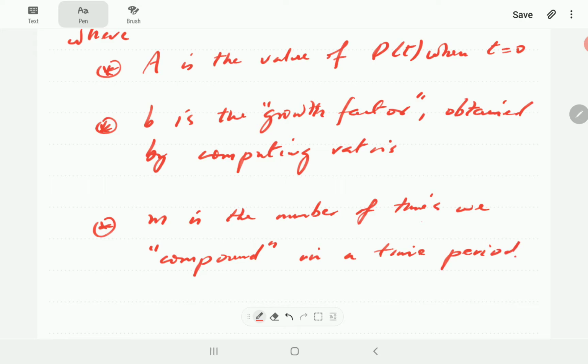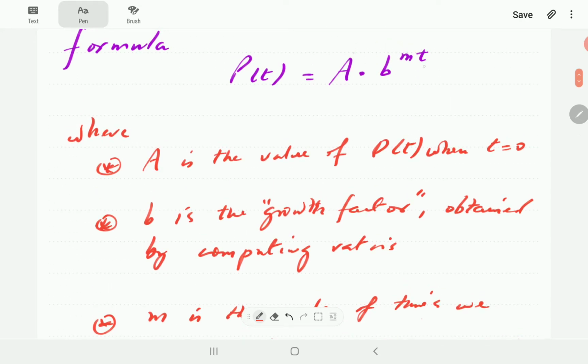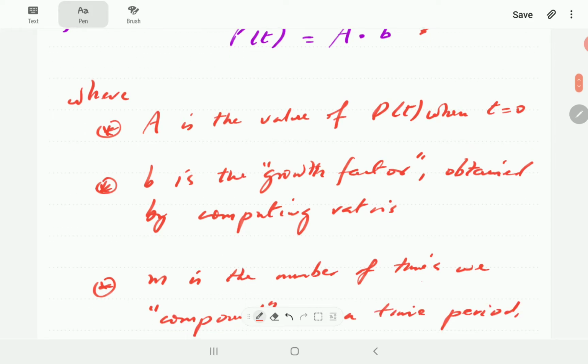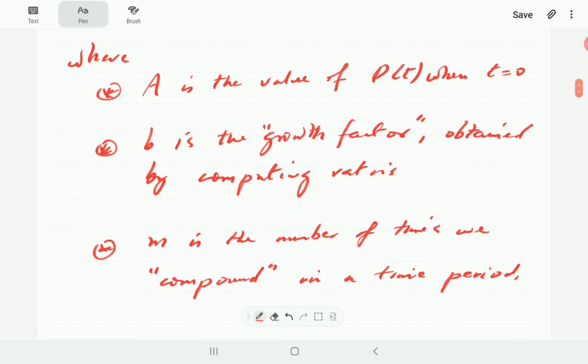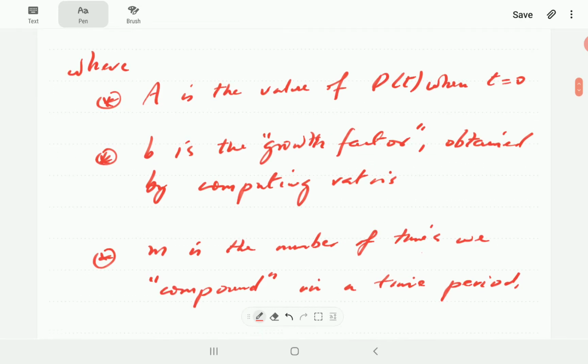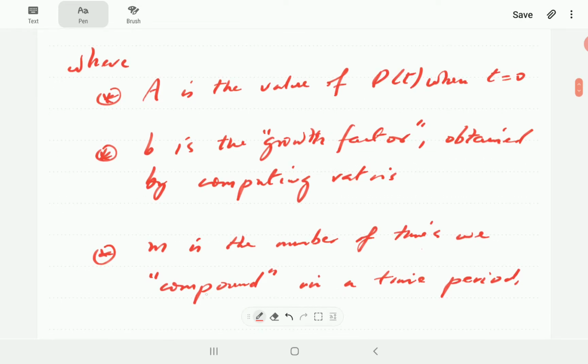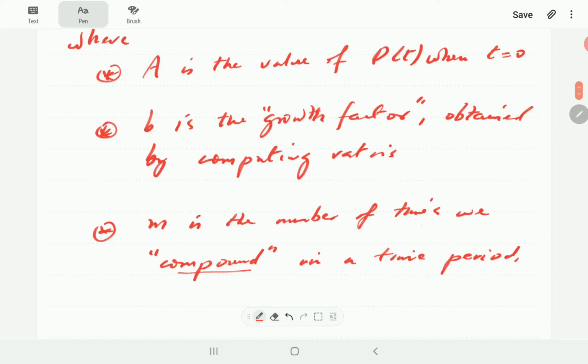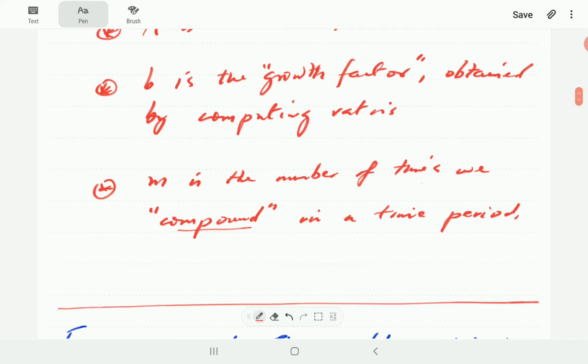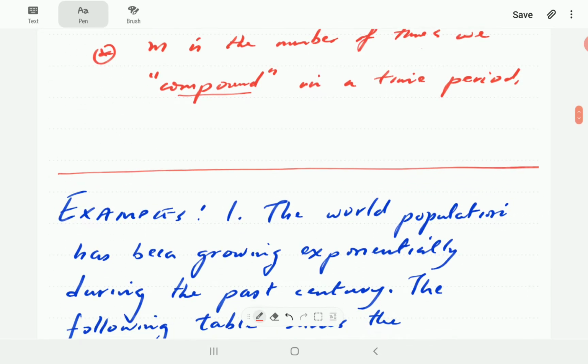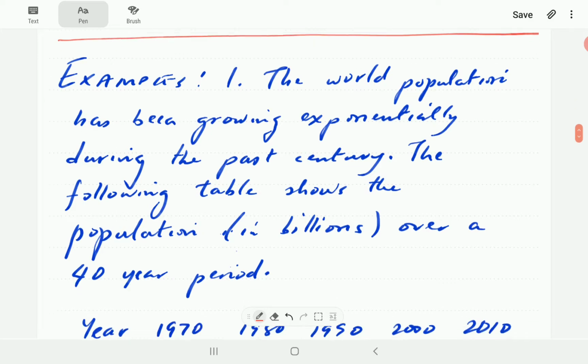So our time period could be years. So time period is going to be our t here. Could be years, could be months, could be weeks, could be days, could be hours, it could be minutes. So if it's years, for instance, we ask the question, how many times do we take our data in a year? Okay. Right, so let's look at some examples of how this works.